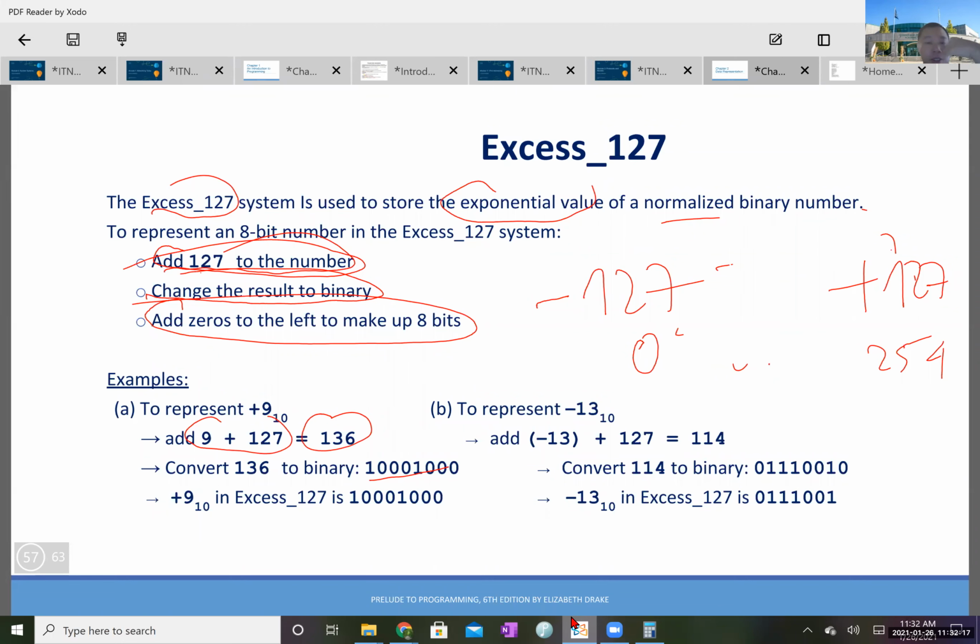When you convert the 136 to binary, you have this number here.